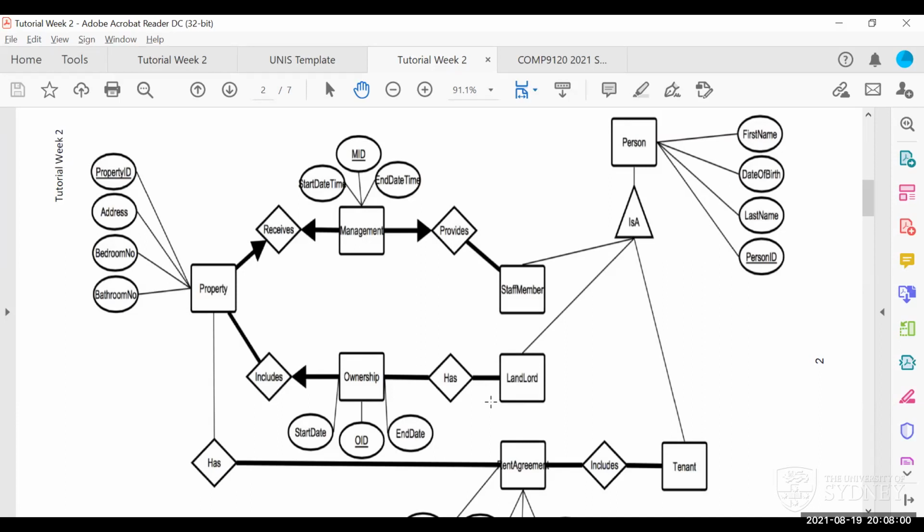All right, I'll give you a quiet moment for a minute or two to have a read first, and then we'll have a look into this ER model.